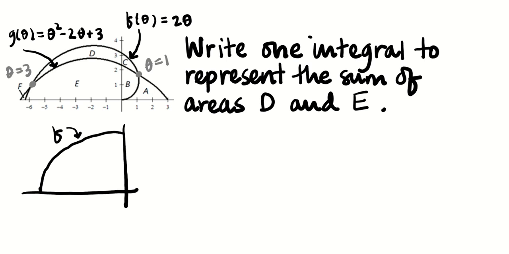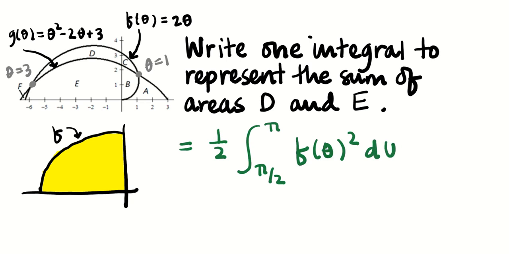This is one where they might not give you the bounds of integration, right? So I'm just going to integrate over the whole second quadrant, from pi over 2 to pi. So this is equal to 1/2 of the integral from pi over 2 up to pi of f, so 1/2 r squared d theta.